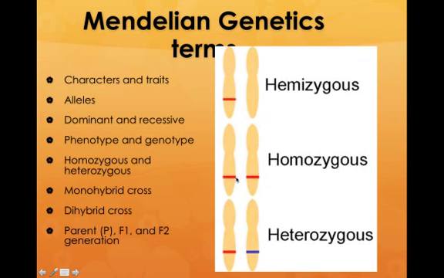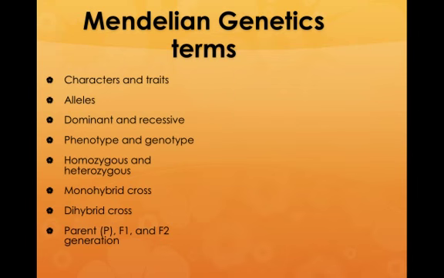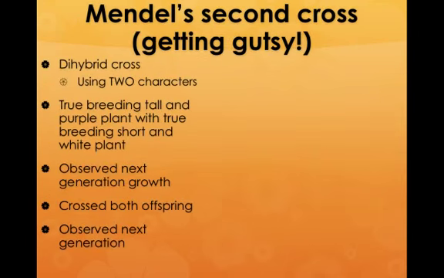If I have the same two alleles for a specific character, I'm called homozygous. Sometimes an organism only has one allele, and this would be an example in males if specific genes that occur on the X chromosome are not on the Y chromosome, then those males will only have one allele because the allele may not be present on the Y chromosome, and we'll talk about why that is later on. This organism would be called hemizygous. Okay.